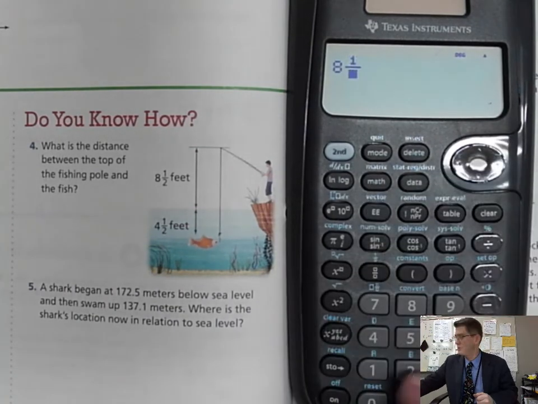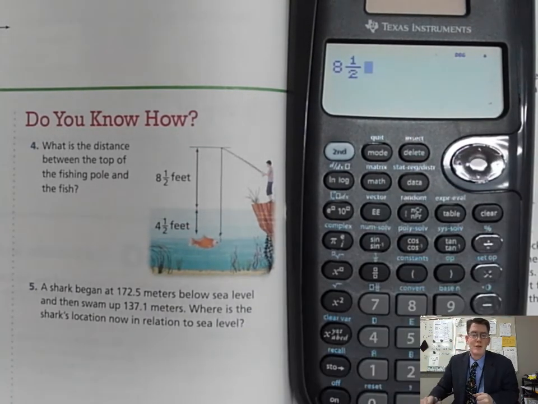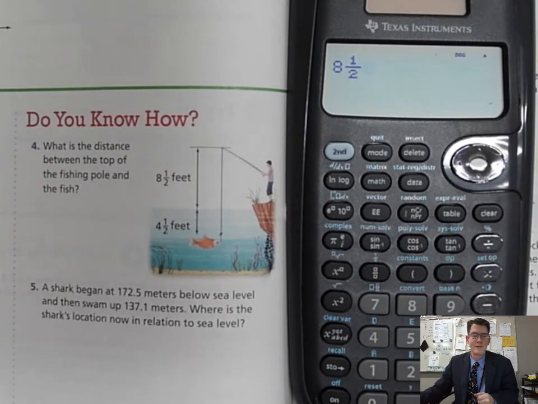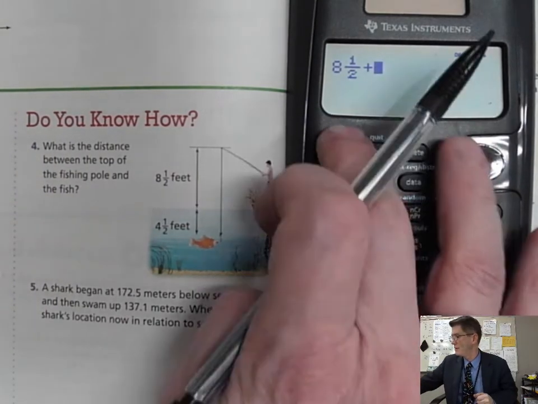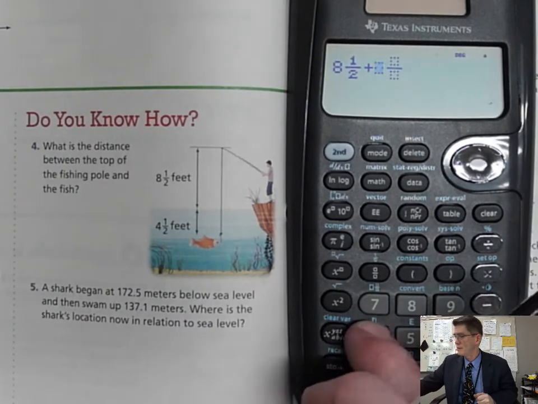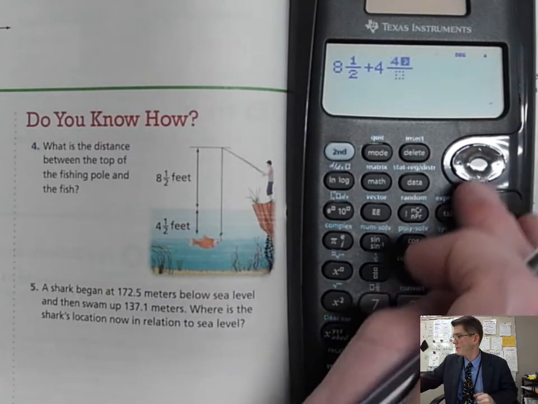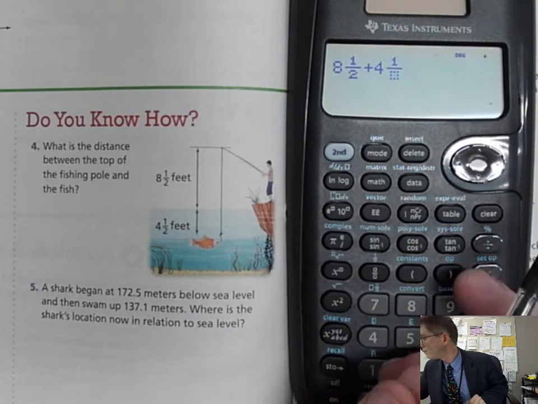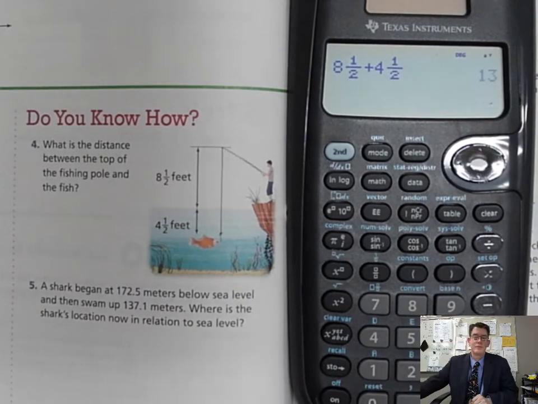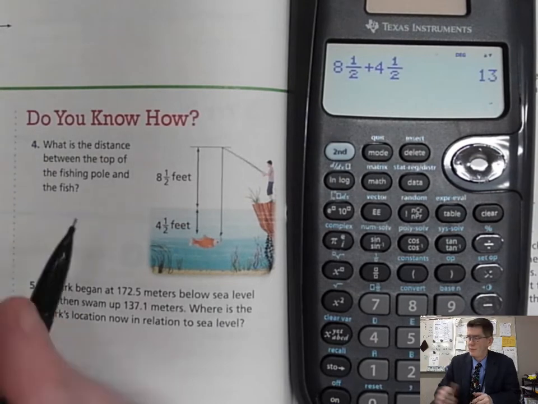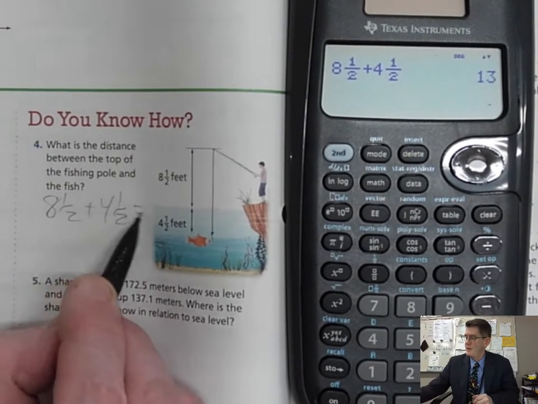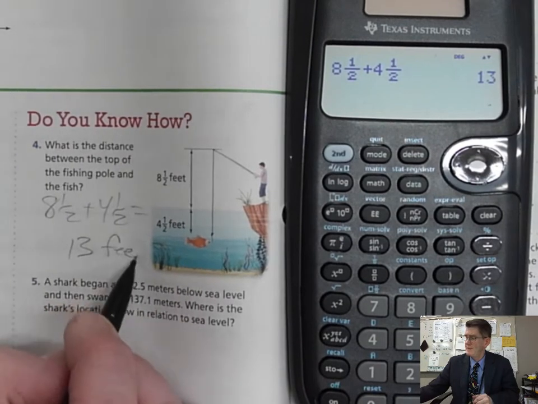You can see sometimes it's hard to type a number. So there's that 8.5 feet. And then I want to combine this 4.5 feet with it. I want to add the 4.5 feet. Type that in the calculator. You get that 8.5 plus 4.5 is 13 feet.